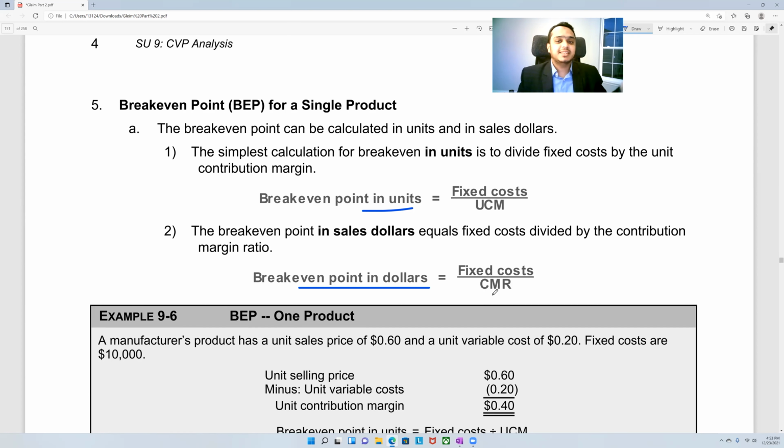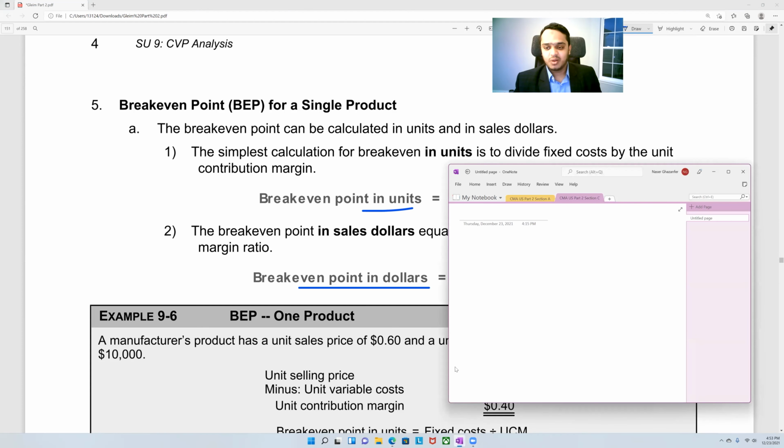Contribution divided by sales into 100. I hope you are able to follow along with me. I have to be a bit fast, that's why I'm not putting it down in a note. The contribution margin ratio is nothing but your contribution divided by sales into 100.